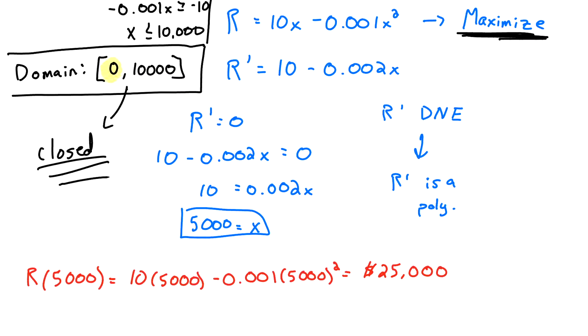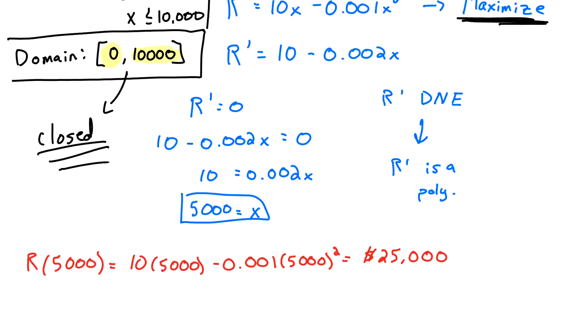I need to check 0 and 10,000, and I'm going to plug those into my revenue function as well. So r of 0 is going to be 10 times 0 minus 0.001 times 0 squared. In this case, we'll have a revenue of $0, which doesn't sound all that exciting. So that means it's less than 25,000.